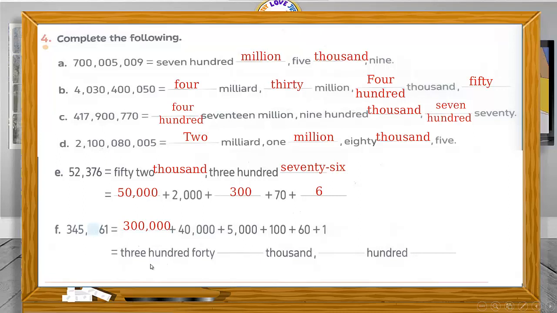Next. He wants to write the same number in word form. 340. We have 340, but here we are missing 5,000. So you should write 5, and we have 1,000. Next here we have 1. How many hundred? 100. Write 1. 61.